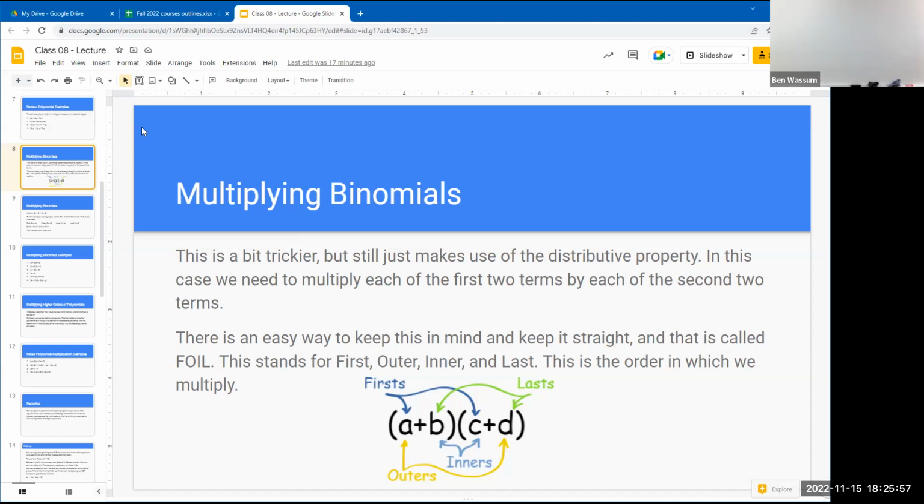Then you do the inner ones, and then you do the last ones. But notice that the first and outer, that's the A times C, and then the outer is the A times D. So what you're actually doing is taking that A and multiplying it by that whole other parentheses. And then if you look at the next group, the inner and the last, you multiply that B term through the other ones, right?